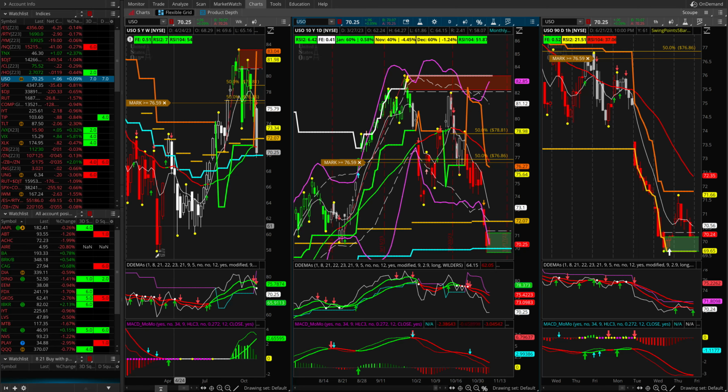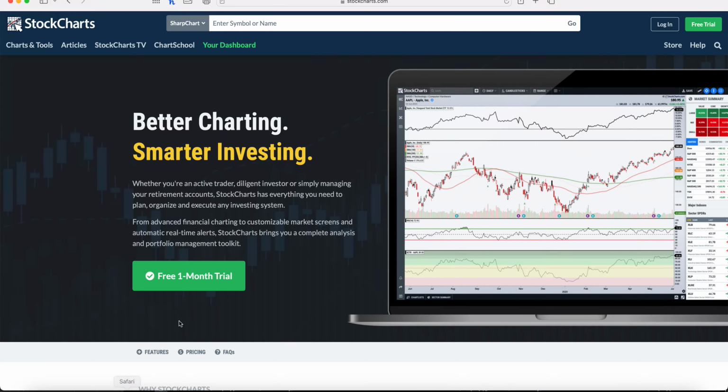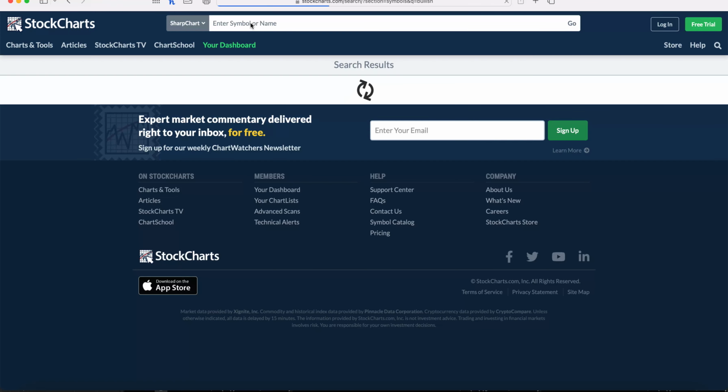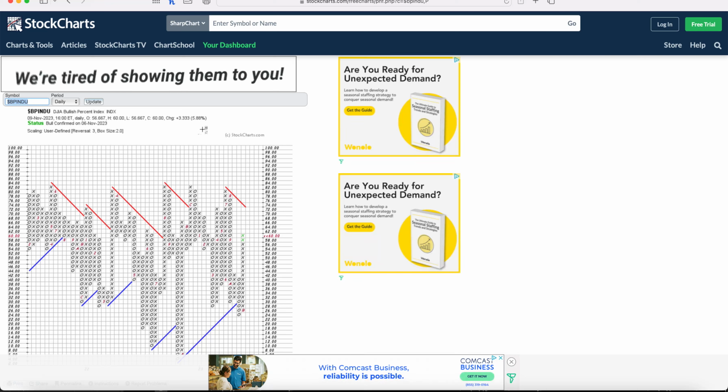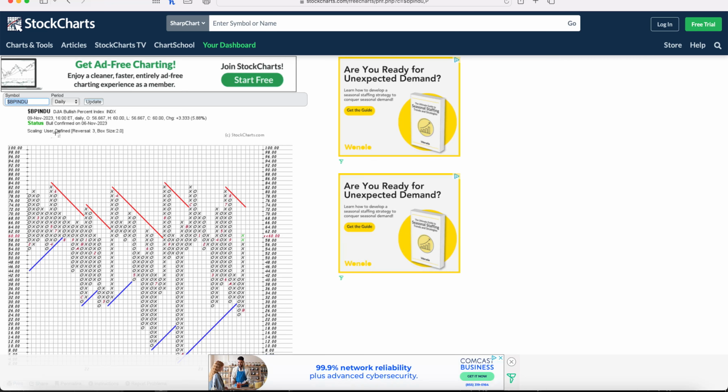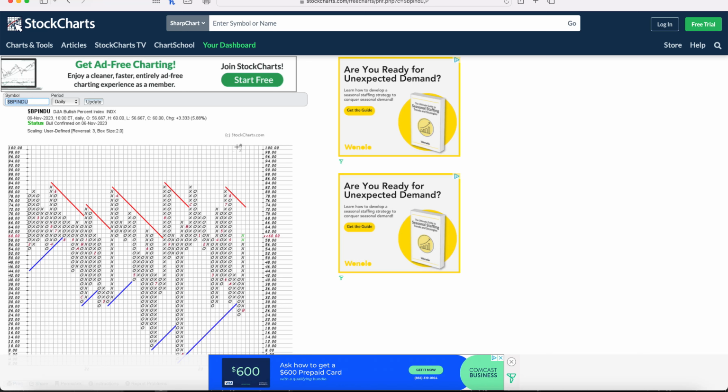Let's go to stockcharts.com and wrap this up and look at the bullish percent indexes. The industrials tacked on 2 new X's today in a market that looked like that. So that means that 5.88% of the stocks in the industrials turned into point and figure buy signals.